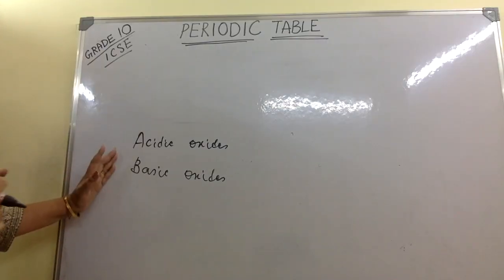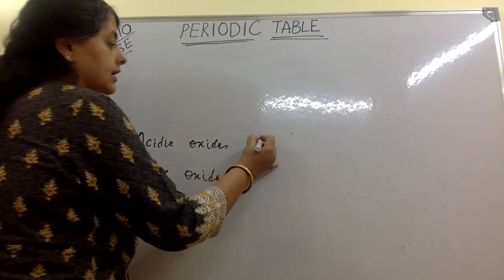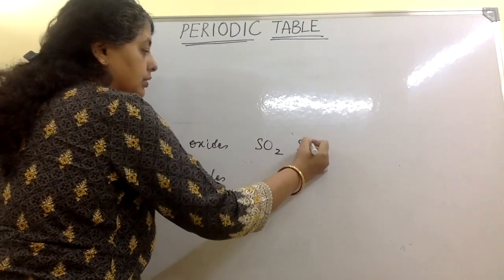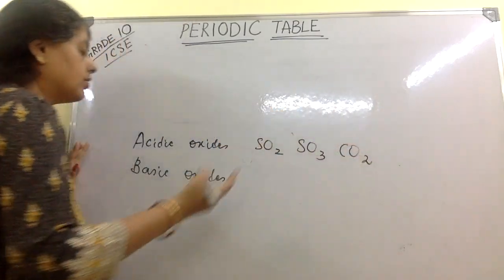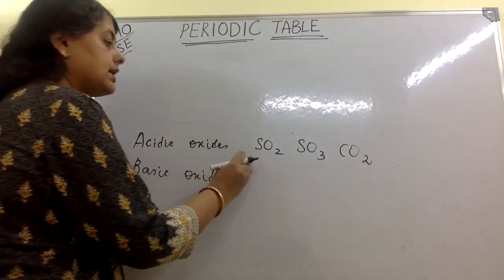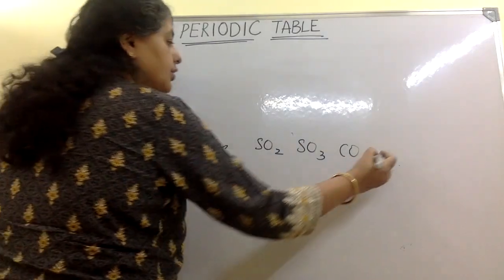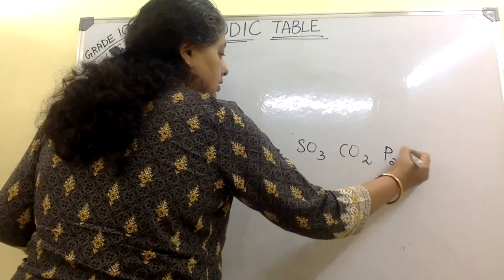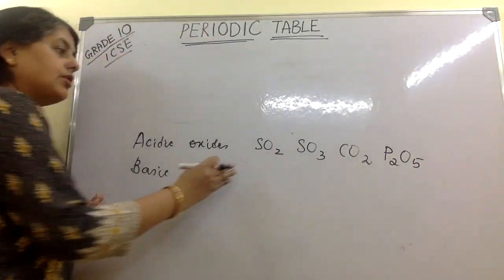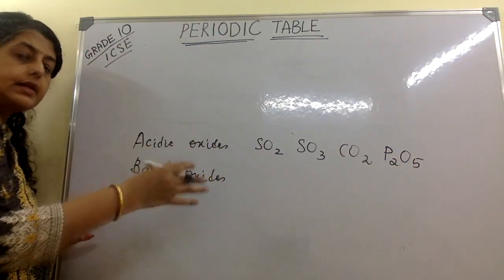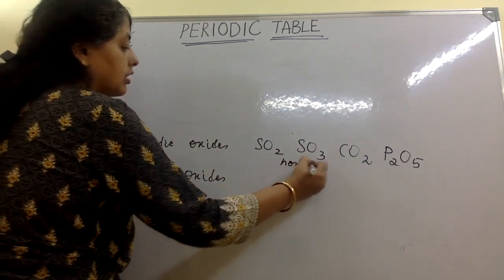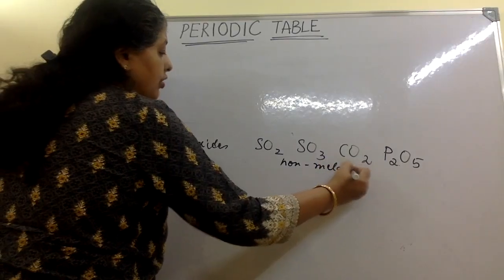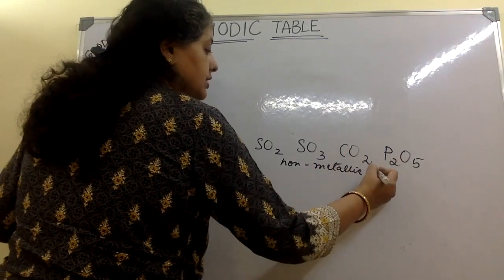Acidic oxides are the ones like SO2, SO3, CO2, not CO, CO is neutral. Also P2O5. These are some of the oxides which are acidic. They are non-metallic oxides. Now why am I talking about this?